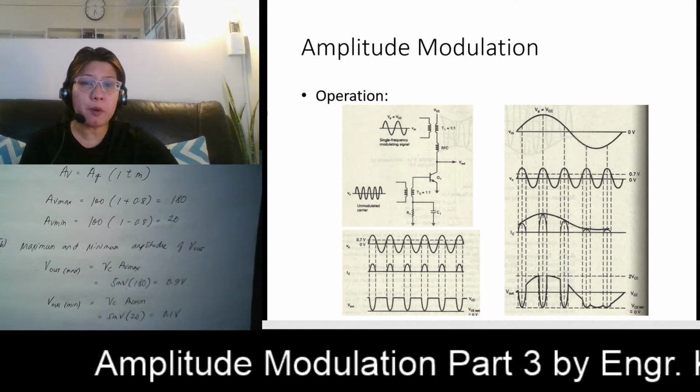From our figure, the maximum peak modulating signal is equivalent to VCC. Therefore, the output maximum is equivalent to 2 VCC, and the minimum is equivalent to 0, or your VCE saturation.